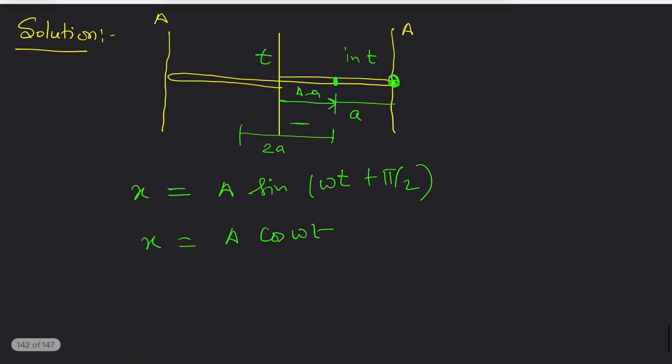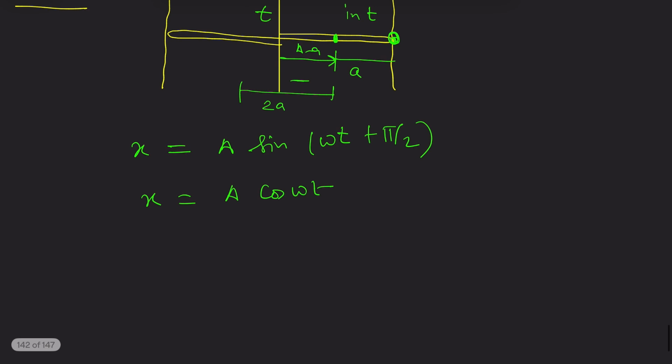So I can write x = a minus a = a cos ω times the t that has been taken.